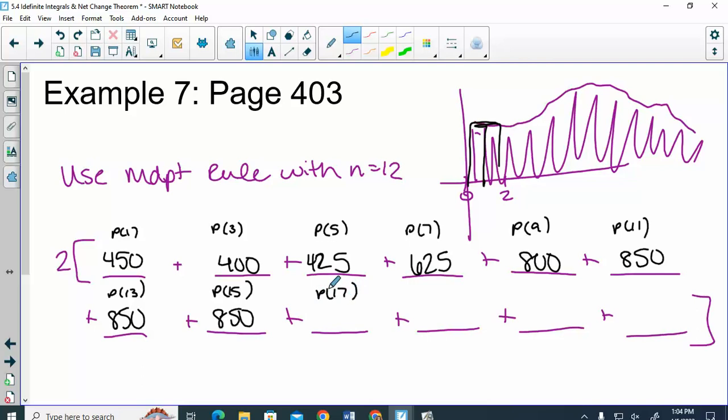At 17, at 19, at 21, like a 670. And 23, 550. So now we just calculate it: 2 times all of this stuff added together.